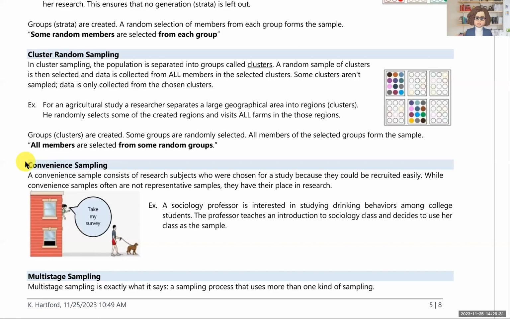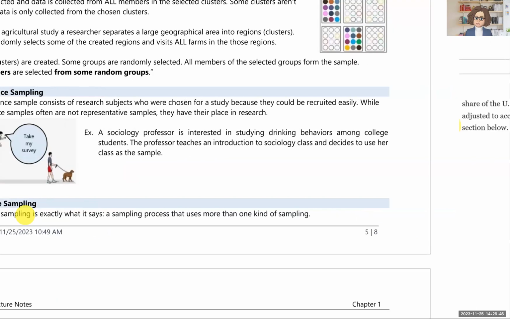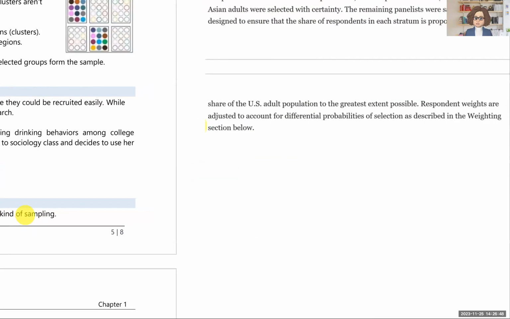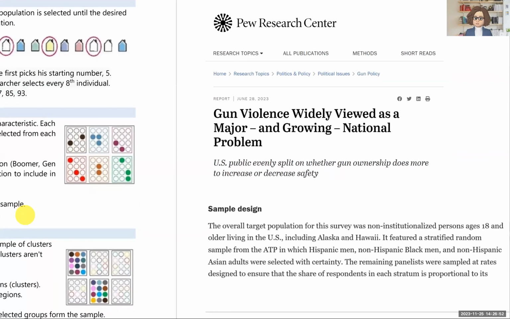All right, and then the reality is multi-stage sampling, that it really tends to involve more than one type of sampling. And if that research is required, we would start combining techniques. So before I go on to some examples, I'm just going to return for a moment to my Pew Research article here on gun violence, widely viewed as major and growing national problem.